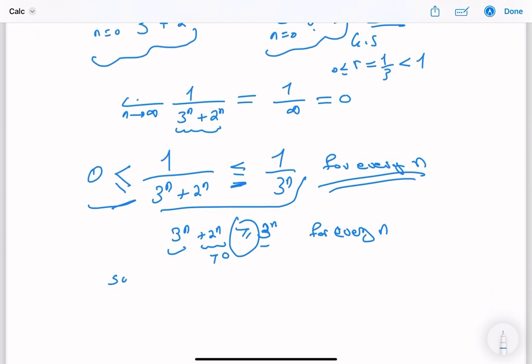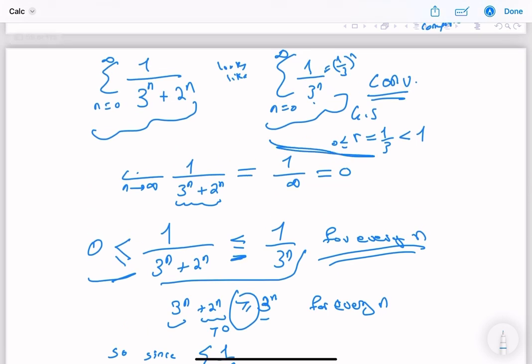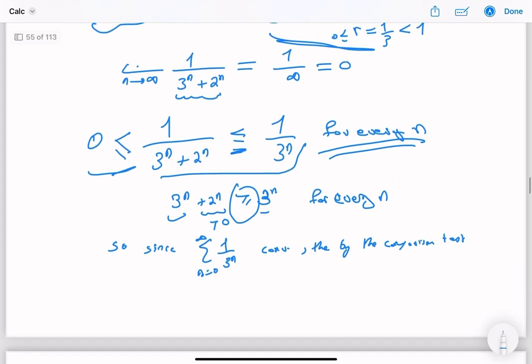Since the sum of 1 over 3 to the n, just as we argued here, is convergent because it's a geometric series from n equals 0 to infinity, then by the comparison test, we know that the sum of 1 over 3 to the n plus 2 to the n, as n goes from 0 to infinity, is convergent.